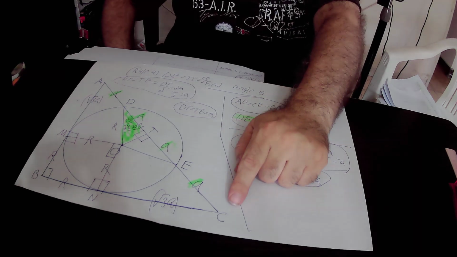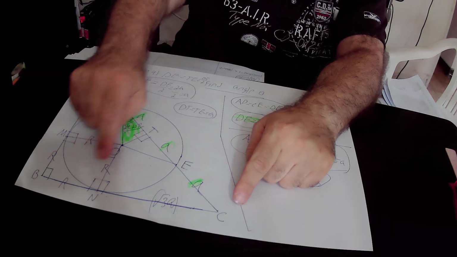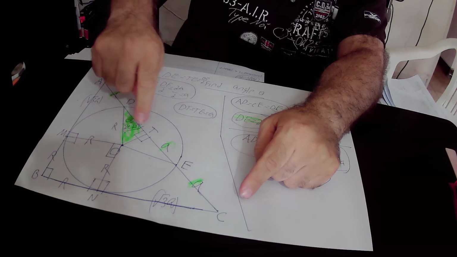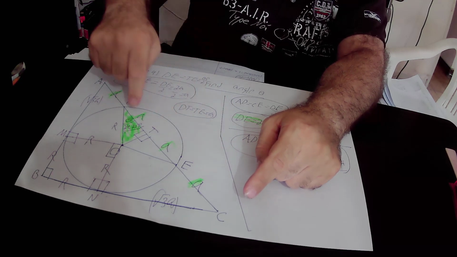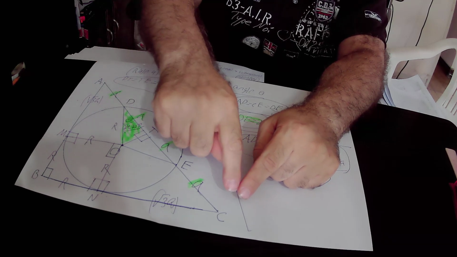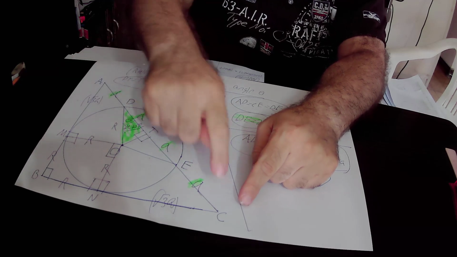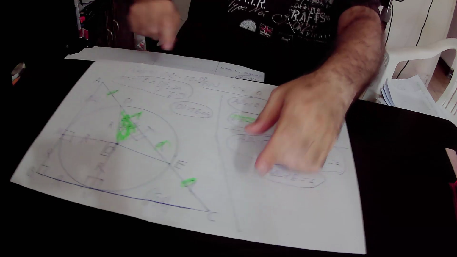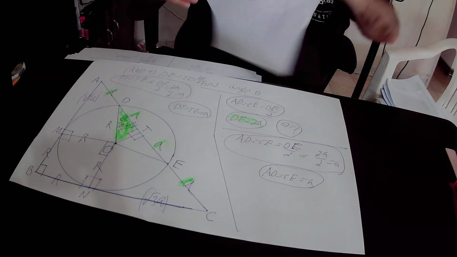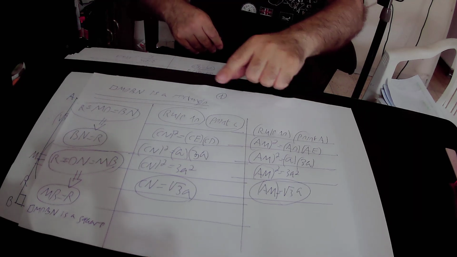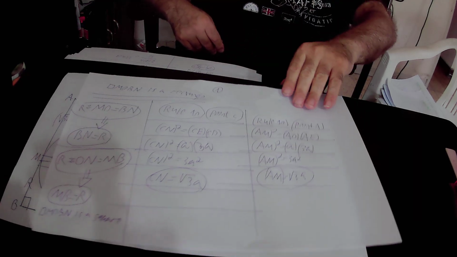Because in our drawing, if we focus on the external point C, we have tangent CN, and from point C a straight line that intersects the circle at points E and D. Therefore, according to rule number 10, CN squared equals CE times CD.